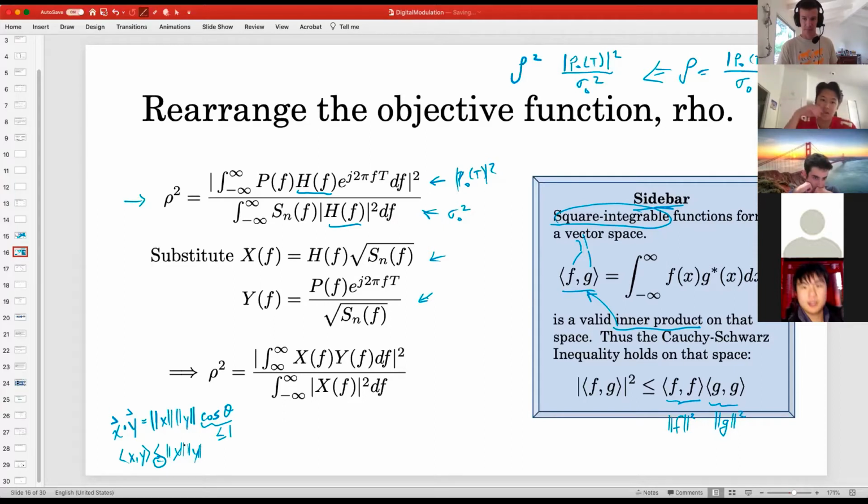So the cosine theta has to equal 1. Good. So that means that they are parallel? Yeah, collinear is exactly what we're looking for.